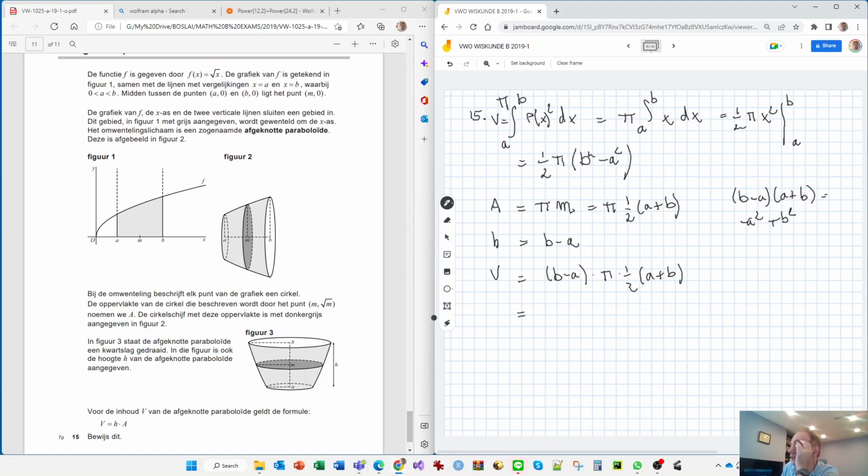So I get my half, I get my pi, I get my B squared minus A squared, and well, these two are the same. So yeah, I've proven this.